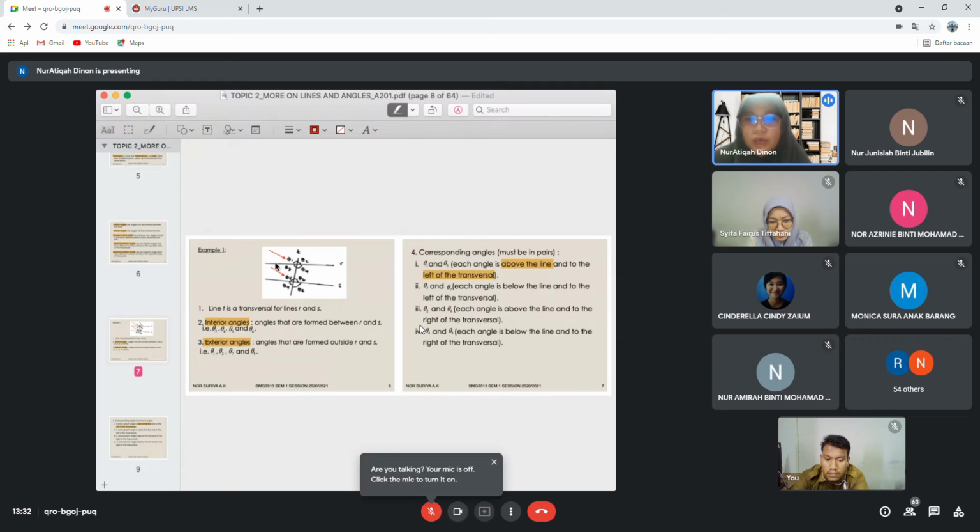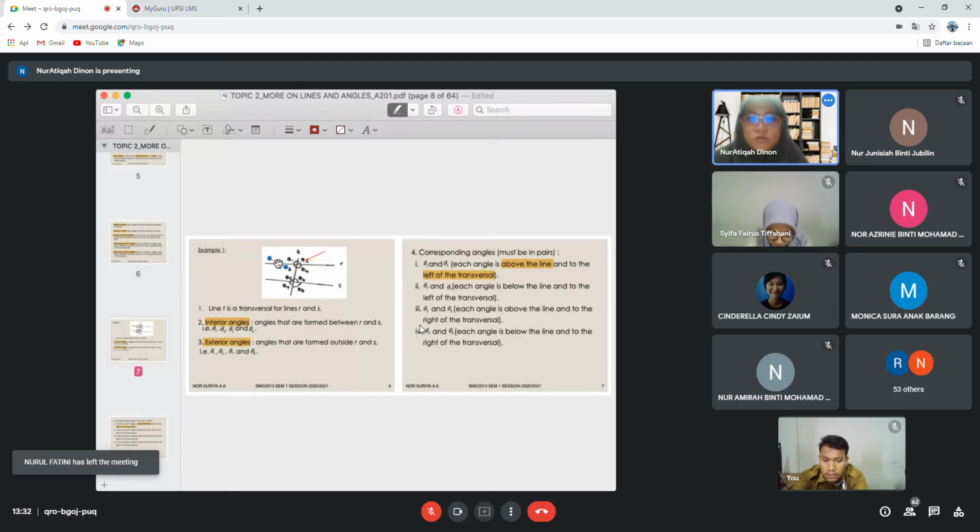And then we have theta 3 and theta 7. So each angle is below the line and to the left of the transversal. And then we have theta 2 and theta 6.